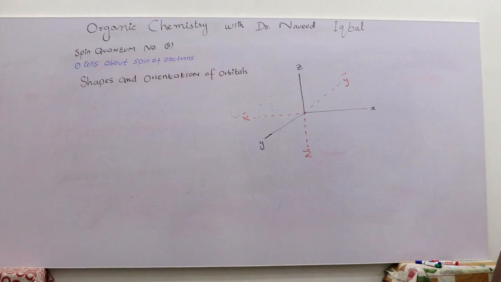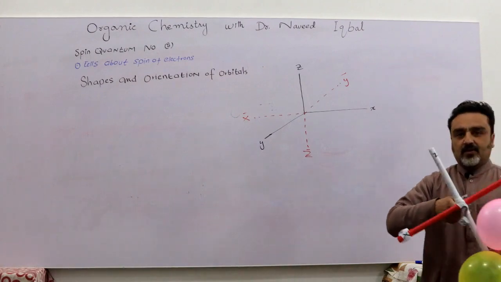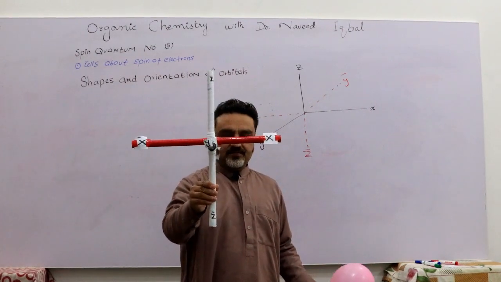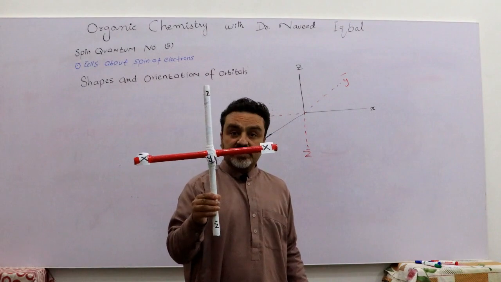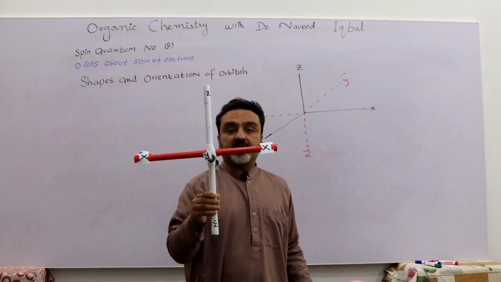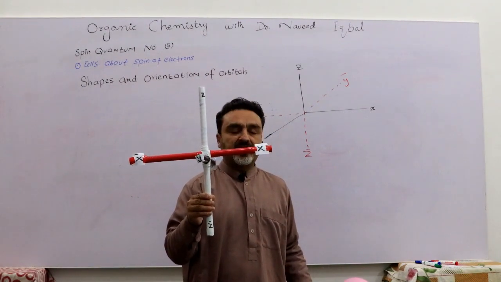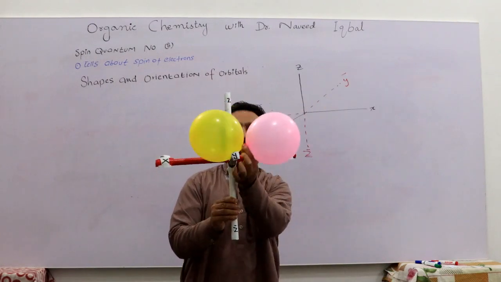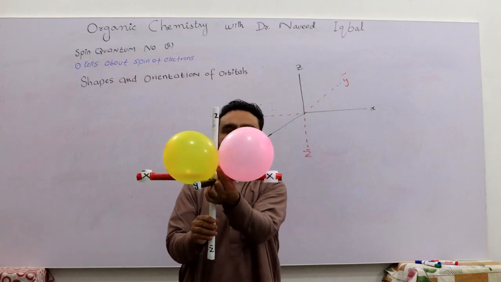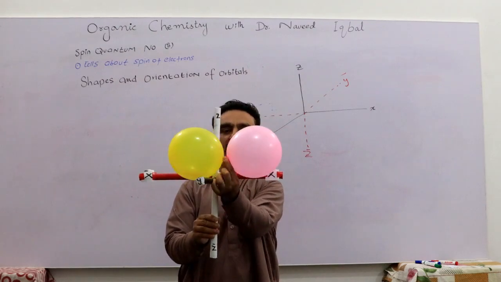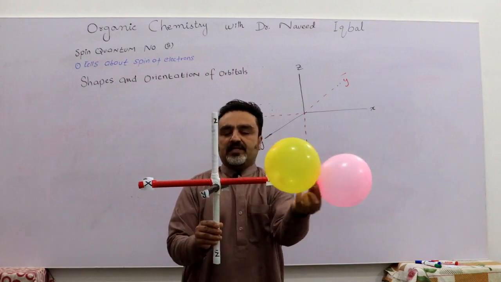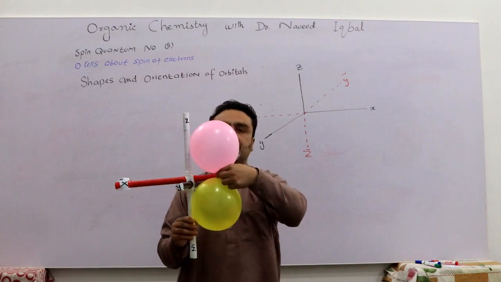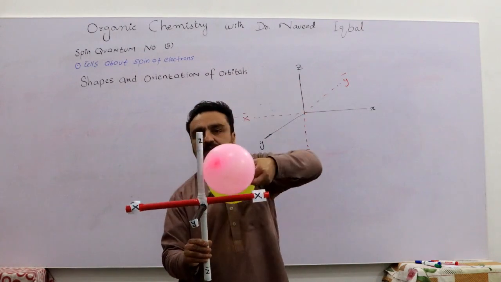Okay, so let's see it. These poor balloons. Now this is a Cartesian coordinate system. Now how are the 3 p orbitals px, py, pz arranged in a nucleus? Because the nucleus in an atom is a small thing, they are arranged in this way. This is the px orbital. It lies on the x, starting from x, and on the minus x. This is the pz orbital, and this is the py orbital.